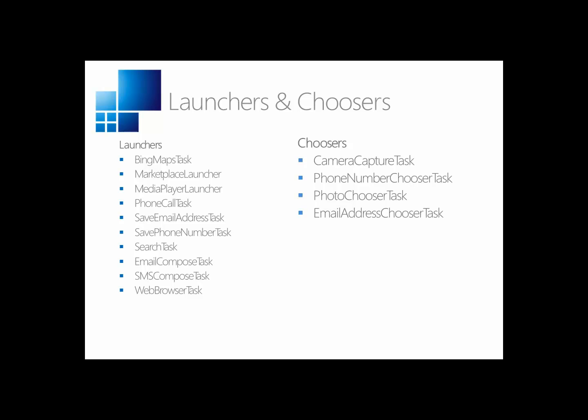There's also a marketplace launcher. The marketplace launcher allows you to launch the phone to the marketplace to your specific app, and you would use that when you are alerting them to their trial period being done, and you can automatically send them to the place in the marketplace where your app resides so they can purchase it. So that's how launchers and choosers work.